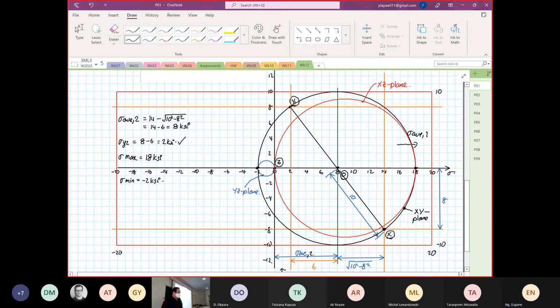Okay. So the answer is valid because the maximum stress and the minimum stress are within the box. They are within the box. That's why it's valid. And the shear stress are within the box.